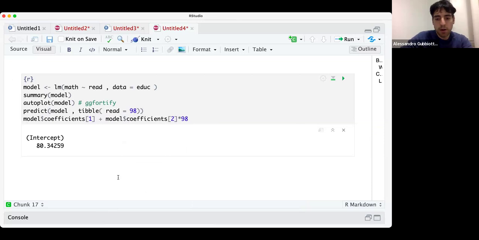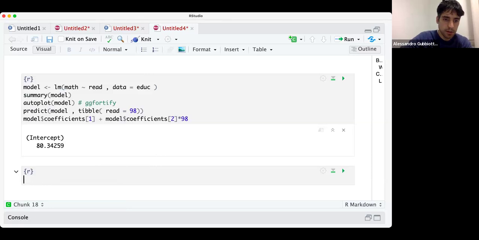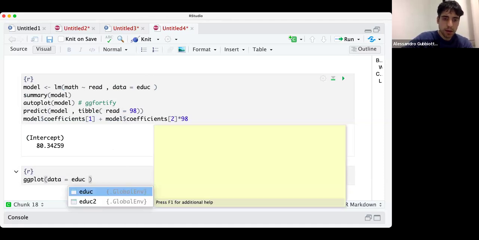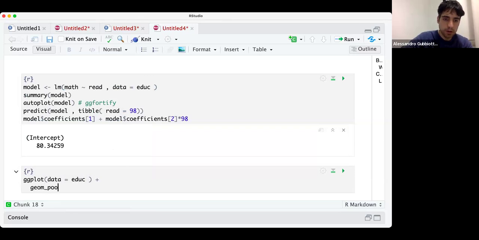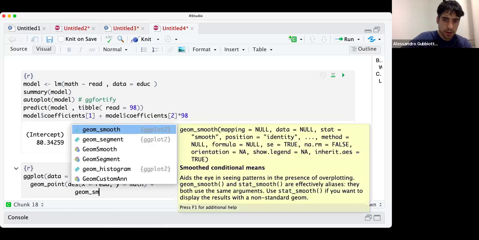But let me plot it, and we can plot it by many means. One good way is ggplot, data equal to educ, and we have to put geom_point where x equal to the reading score and y is equal to the math score. And we can add the geom_smooth.